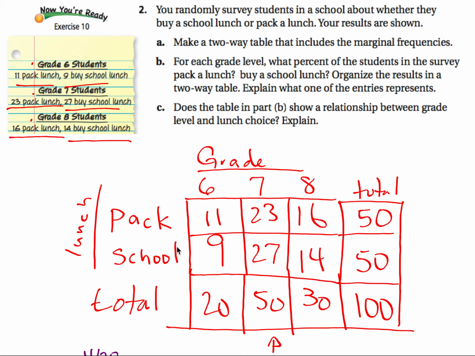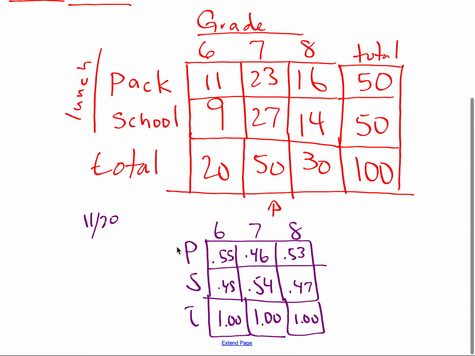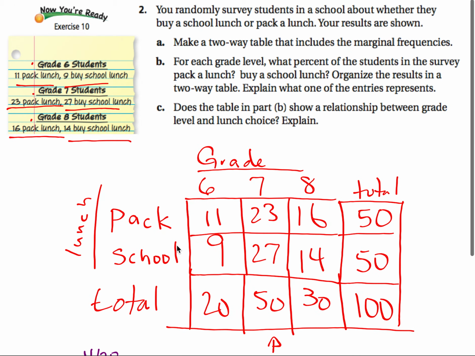Does the table from part B show a relationship between grade level and lunch choice? No, it doesn't. It shows the, well, actually, yeah. Let me reread that because we got to be specific here. Does the table in part B show a relationship between grade level and lunch choice?